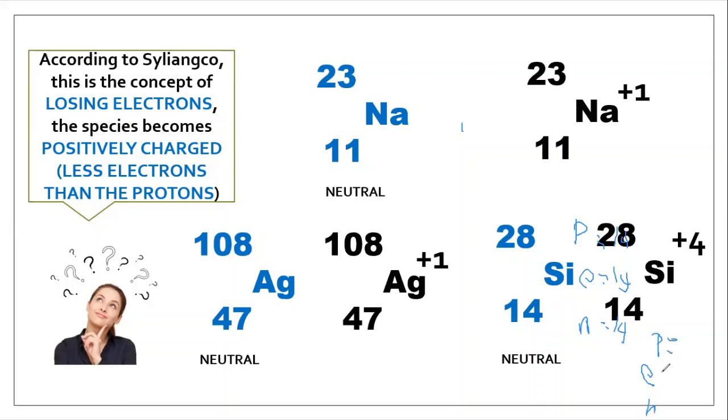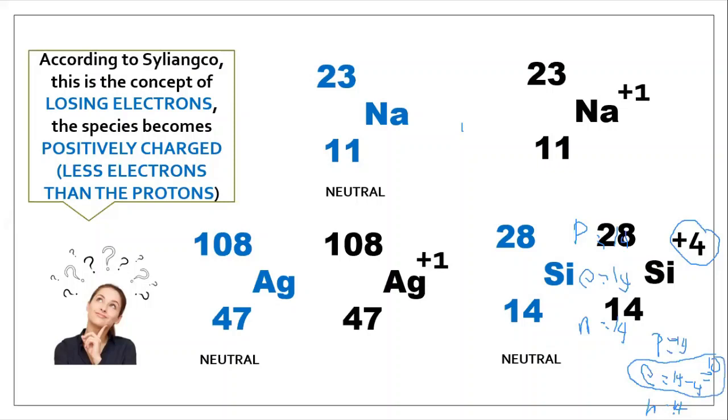Sabi natin kanina, it's 14, 14, and then 14. Ang gagalawin natin, since meron siyang positive ions dito, ma-minusan natin siya ng 4. So therefore, 10 na lang po ang electrons natin.